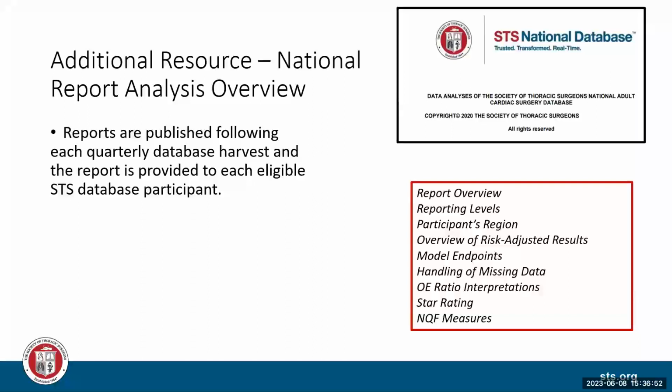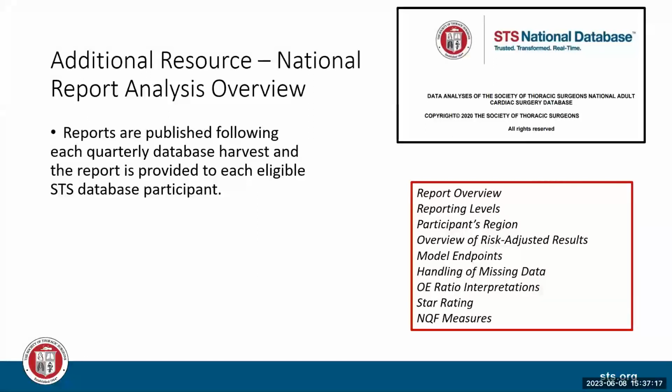I think the national report analysis overview that is in IQVIA is an excellent resource. It talks about the overview of the report, the reporting levels, your regions, your risk-adjusted results. How do you read it? How do you handle missing data, how do the star ratings work?